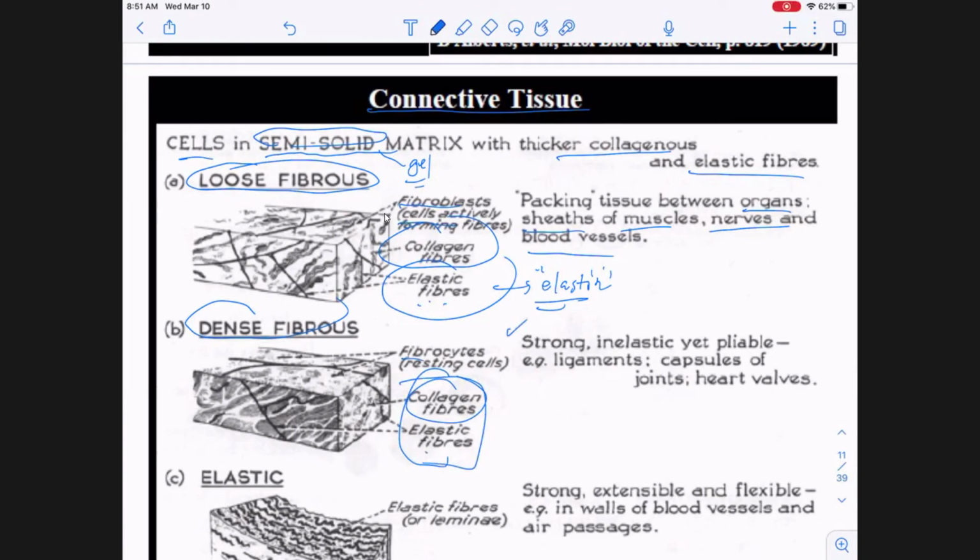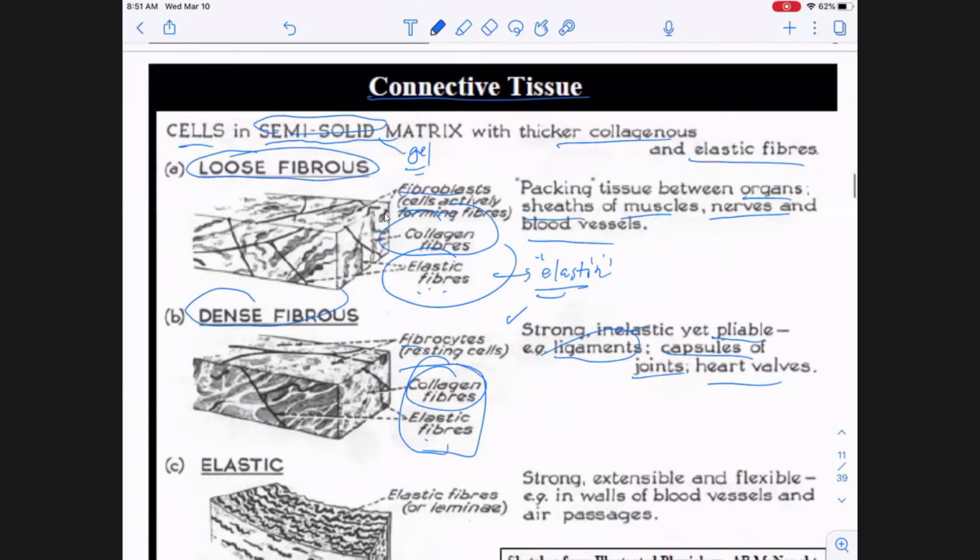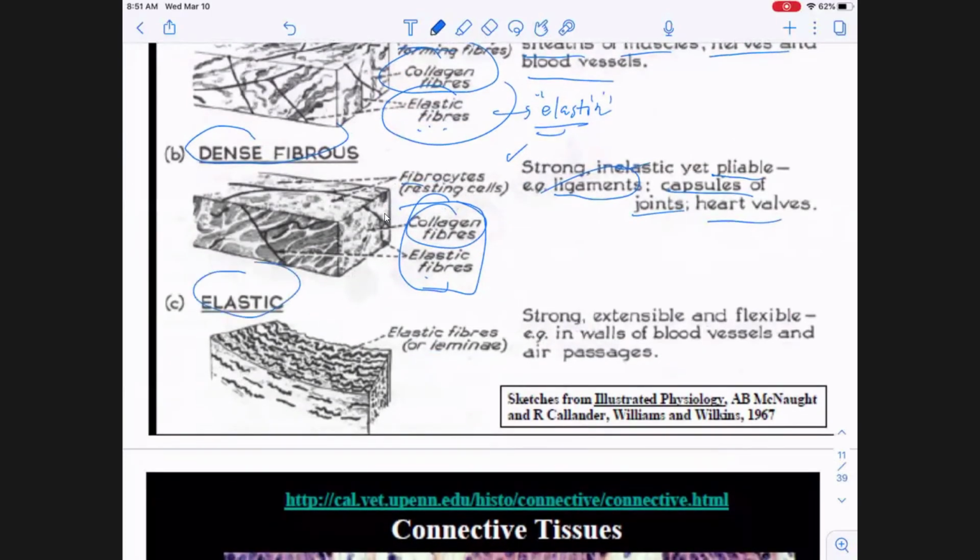Very strong and pliable, flexible, but not super elastic, inelastic. Ligaments, joint capsules, heart valves are denser, with a lot of denser fibers there. Elastic, that's blood vessel. So we need strong, extendable, flexible, elastic tissue.